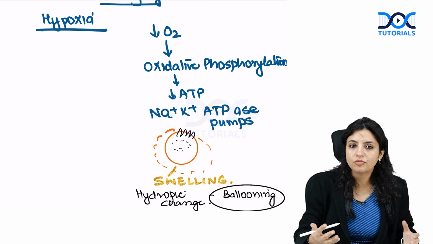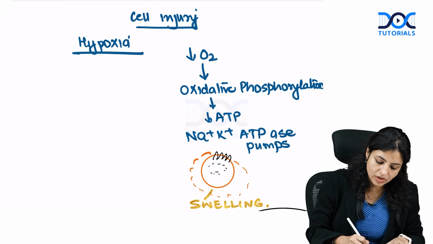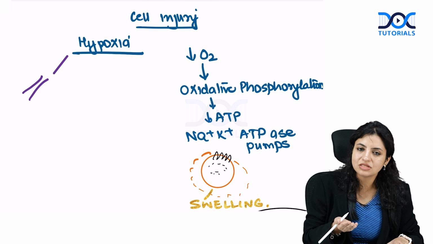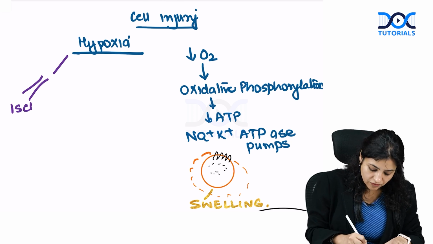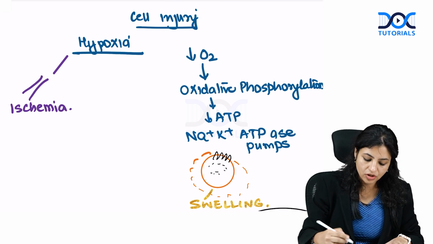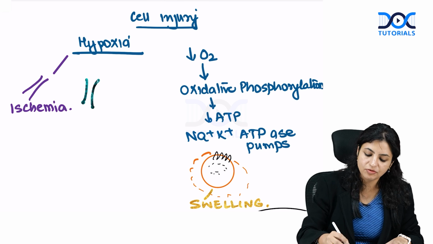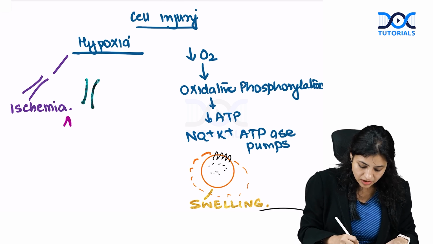Now, the important point, what causes hypoxia? Hypoxia most commonly is caused when you decrease the blood supply to the tissue; less blood goes, less oxygen also goes. So the most common cause of hypoxia is ischemia. The second important cause is decreased oxygen carrying capacity of the blood. Blood is going, but it's not carrying the oxygen. That is anemia.